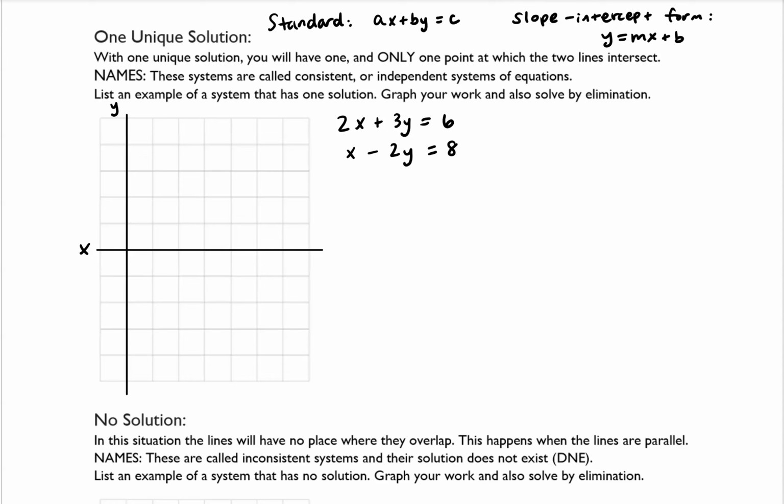So it's not too complicated to convert these into slope-intercept form. We just need to solve these equations for y.